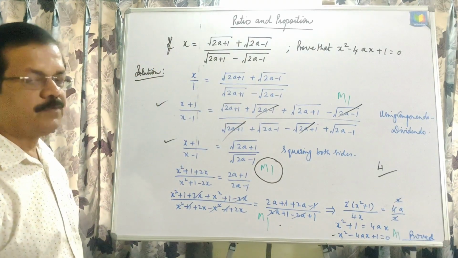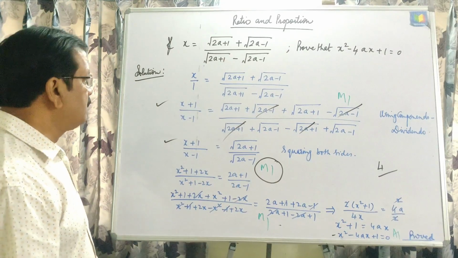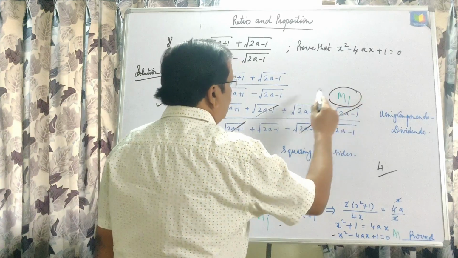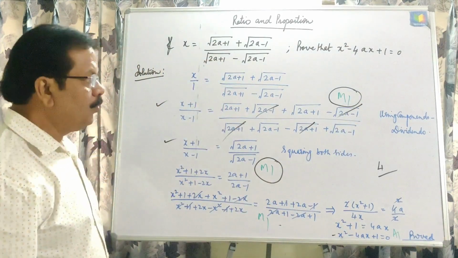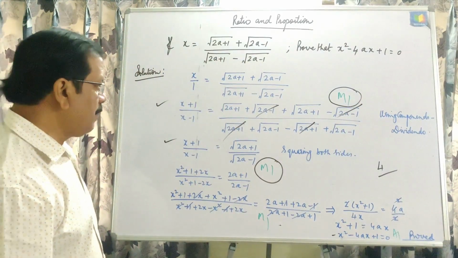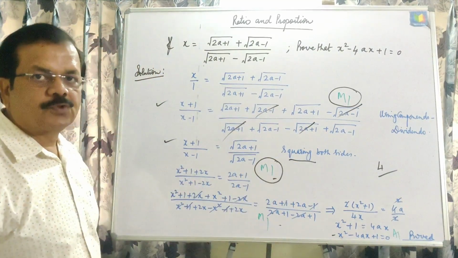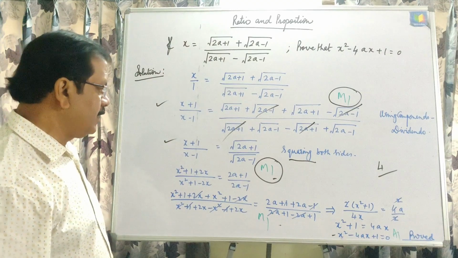This question was for 4 marks. The first mark was a method mark for applying componendo dividendo, and the second mark was given if you squared both sides correctly.